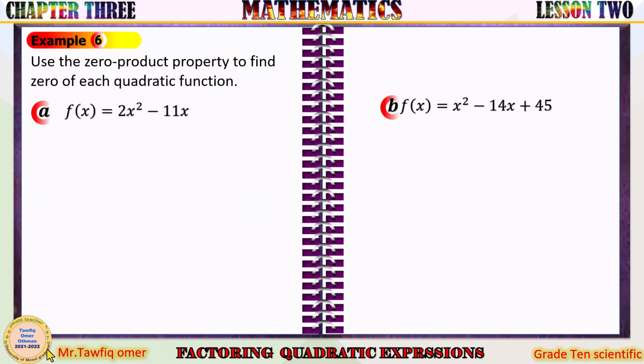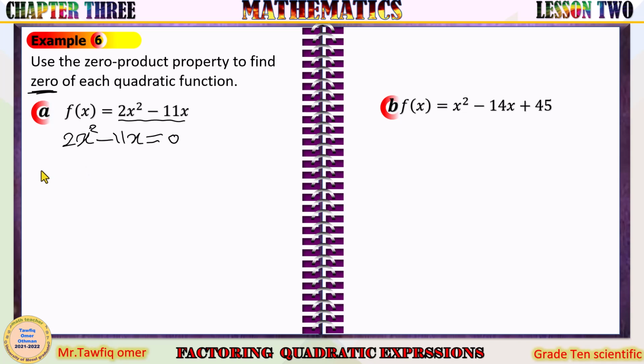For this example number 6, use the zero product property to find the zeros of each quadratic function. First of all, take the right side and set it equal to 0. After that, factor the left side.